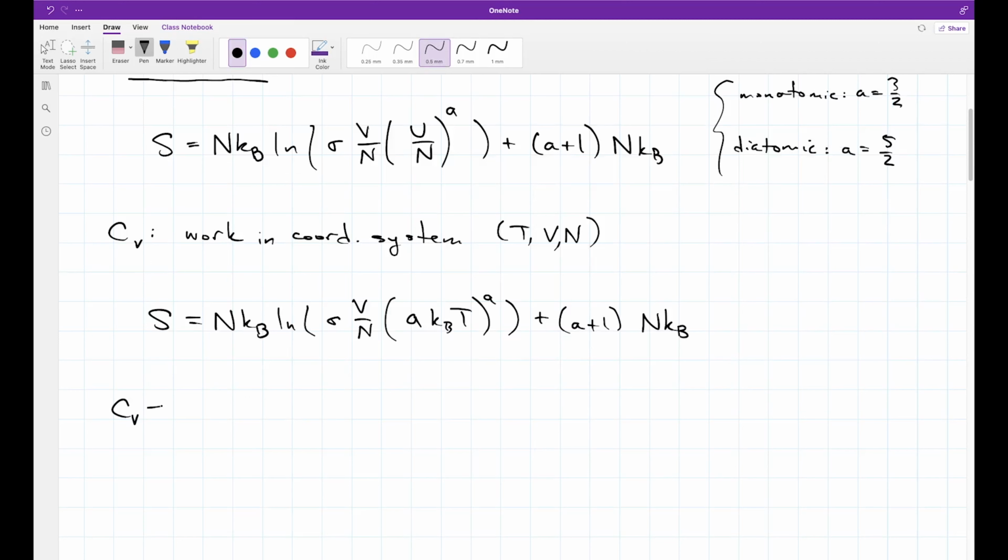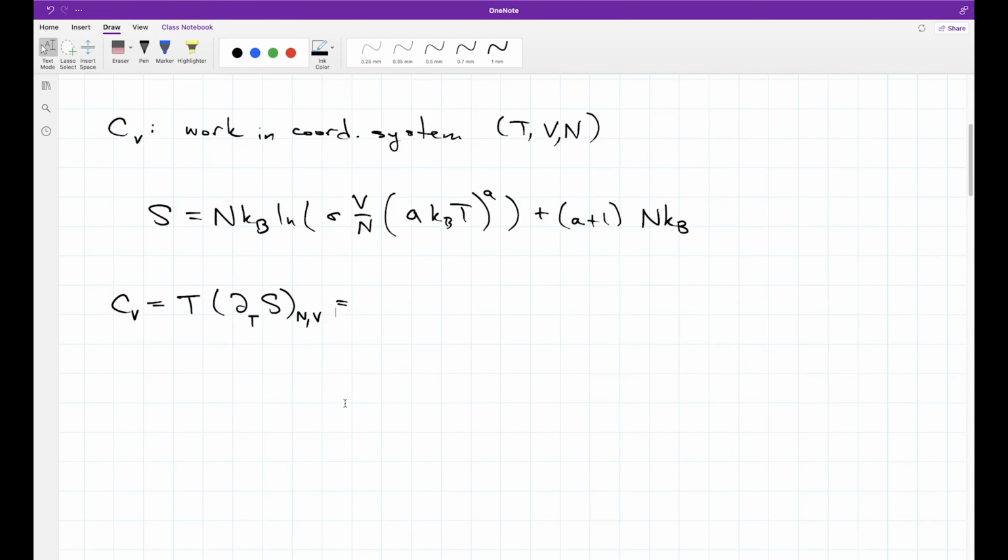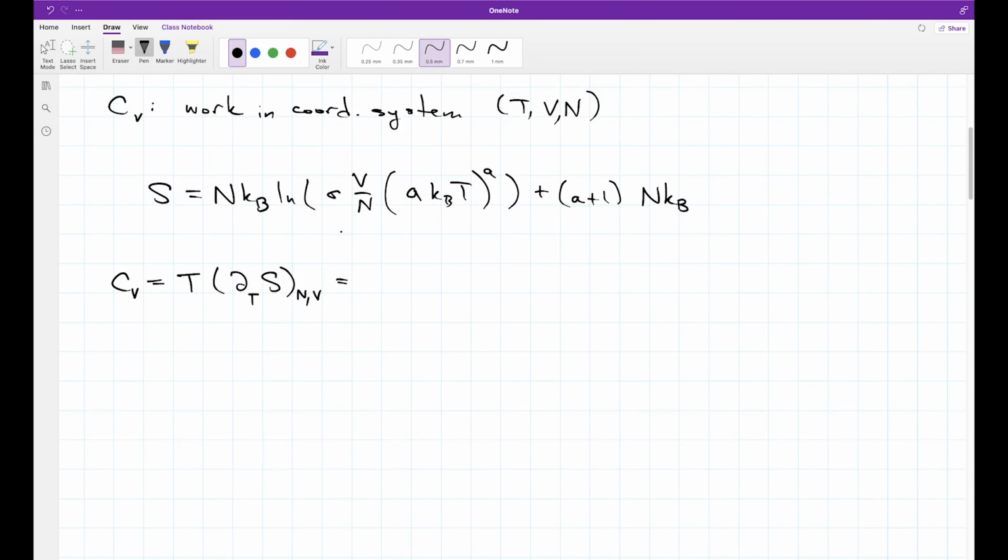All right, so now let's take our derivative. So we get that CV should be equal to T times the derivative with respect to T of all of this stuff, fixing N and V, and we've done this calculation also a lot of times, so this will be T times n kb from this n kb here, times the derivative of log of t to the a.